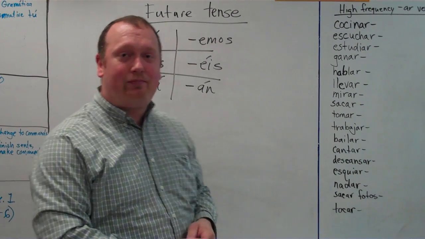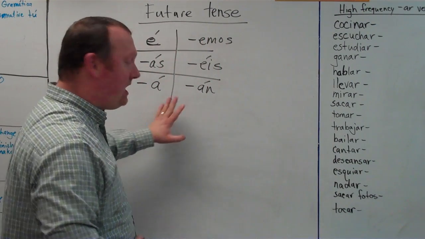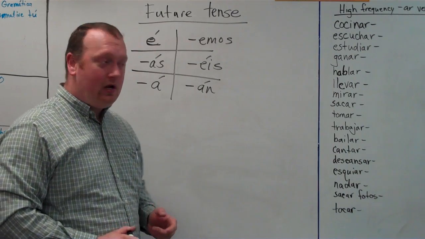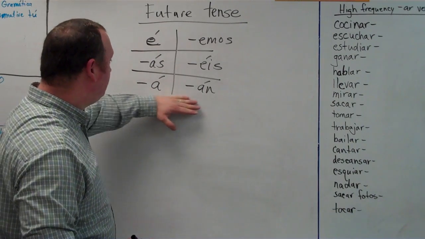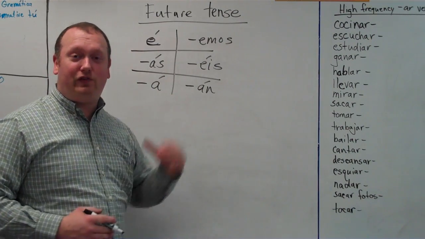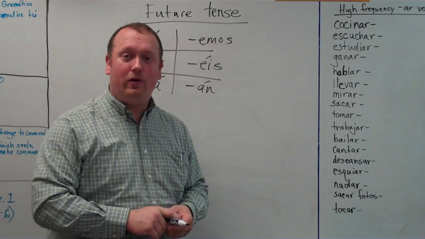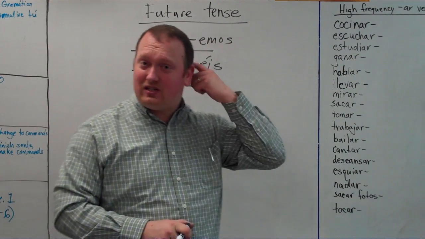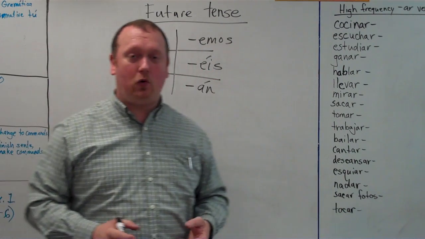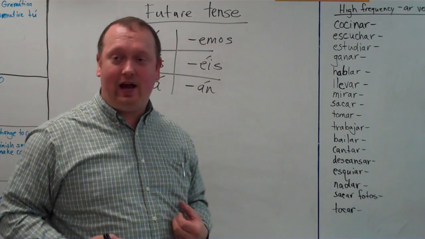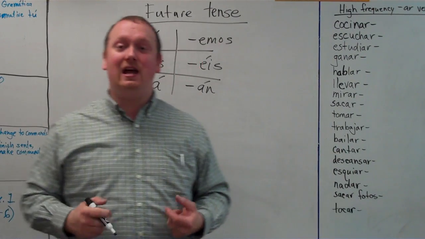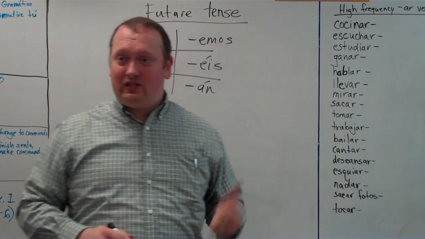So let's take an example verb and we're going to apply these endings to it. Since we're talking about the future tense, we're going to add them to the infinitive. Now, when you guys have studied the present tense or the past tense before, we always took off the AR, ER, or IR ending, and then we added these endings here.